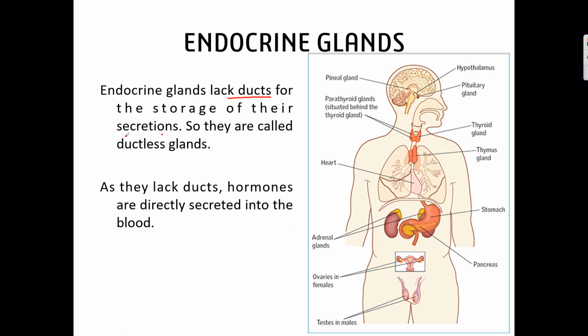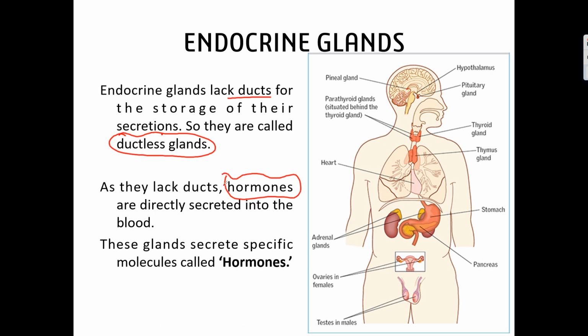Moreover, the secretions of these endocrine glands are hormones. So what are hormones? Before that, let me introduce you to the different endocrine glands present in our body, because this is our topic of interest today.